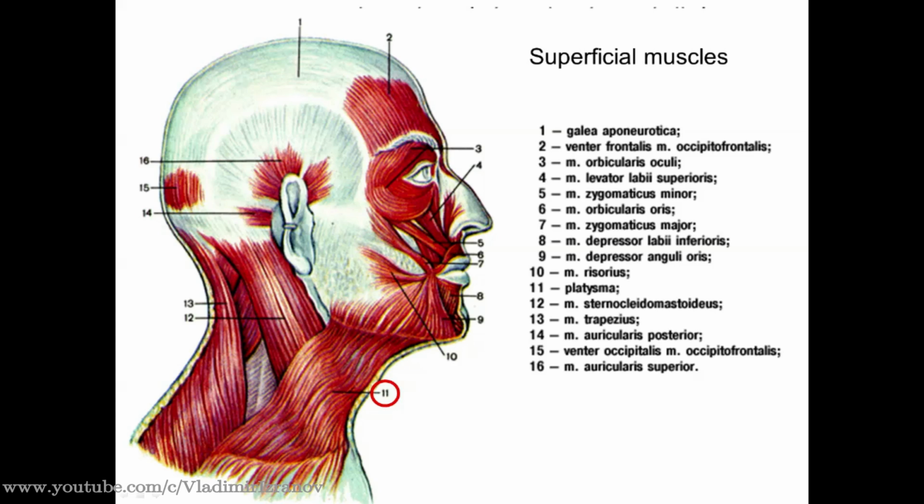This is number 11, musculus platysma. And the second muscle from the superficial group is number 12, musculus sternocleidomastoideus.